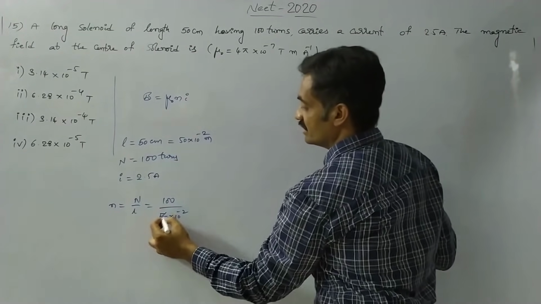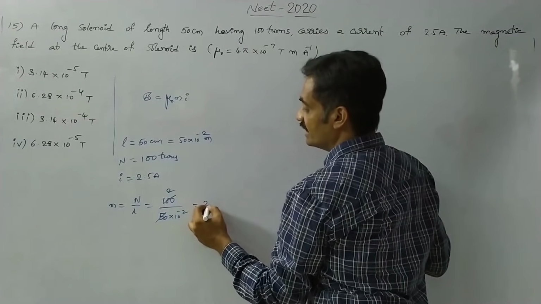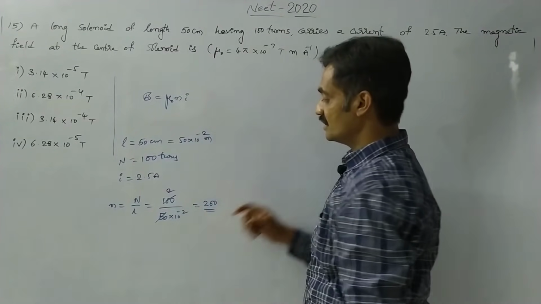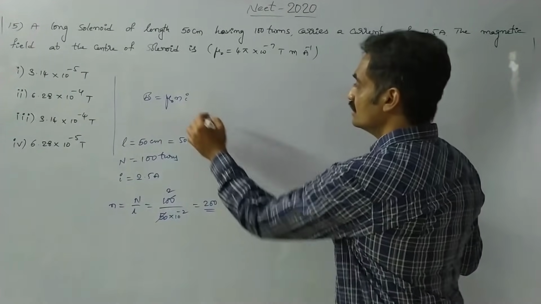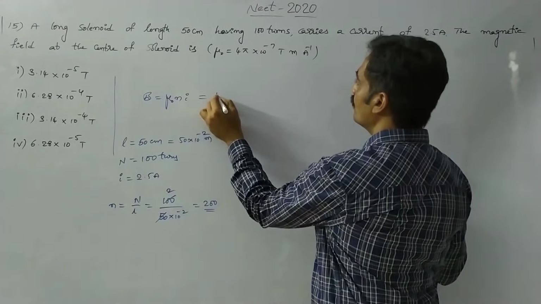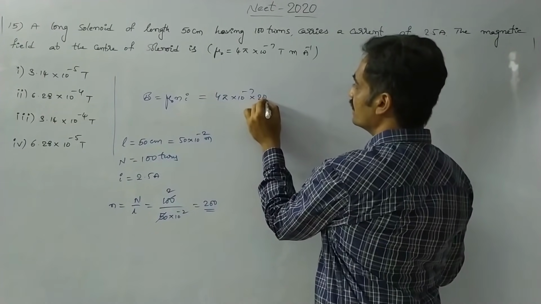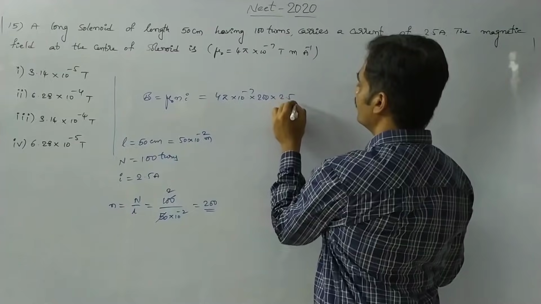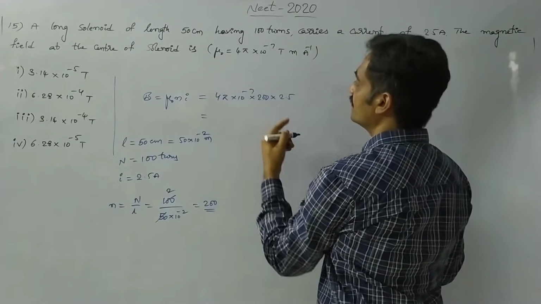So we can write it as 200, because 10^-2 comes up and it becomes 200. If we substitute these values, we have 4π × 10^-7 × 200 × current 2.5 ampere. We know that 2.5 × 4 is 10.